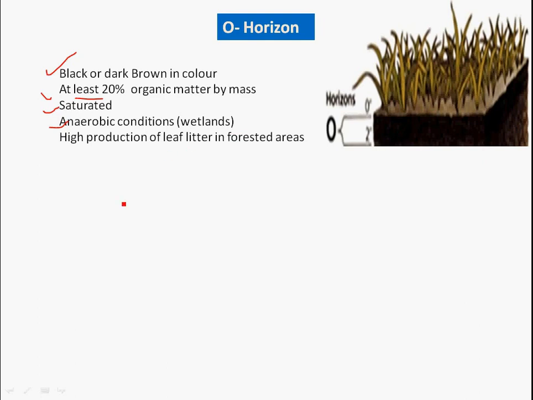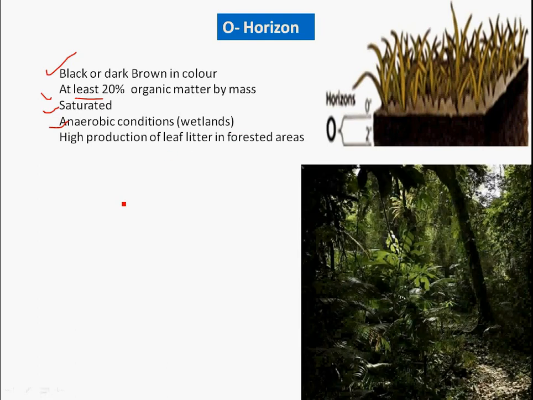Many times we find that in forest areas, where litter production, meaning forest leaf production, is very high, you can clearly find the O horizon. So we can say the O horizon is available in virgin soil and forest areas, and it is very rare to find in cultivated areas.